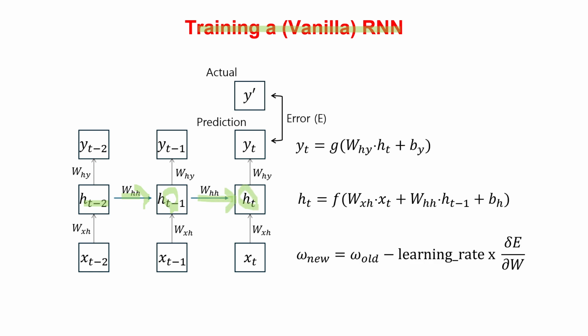In other words, the previous hidden state is continuously passed to the next step, making it a sequential neural network where past information influences the current output. During training, errors between predictions and actual values are computed, differentiated with respect to the weights, and used to update the weights via the learning rate, enabling the model to learn gradually.